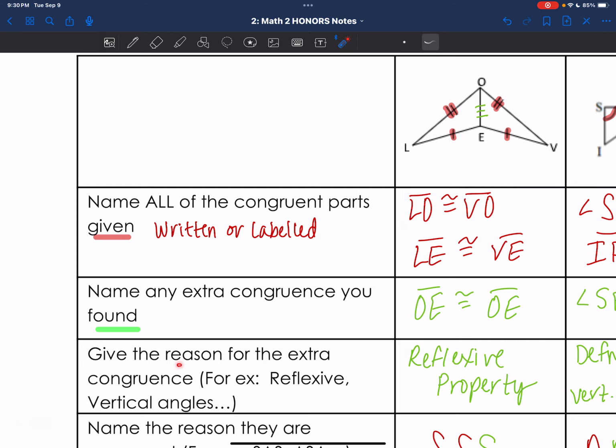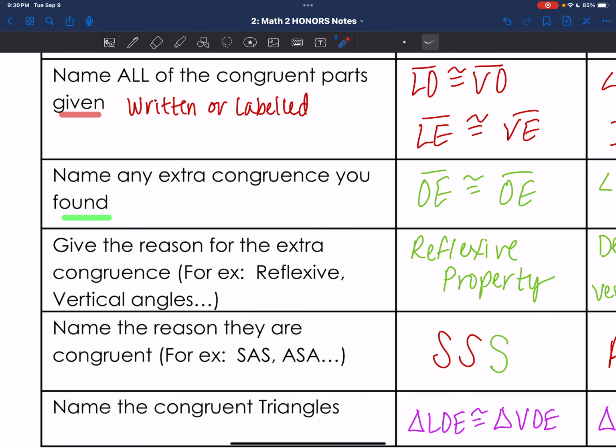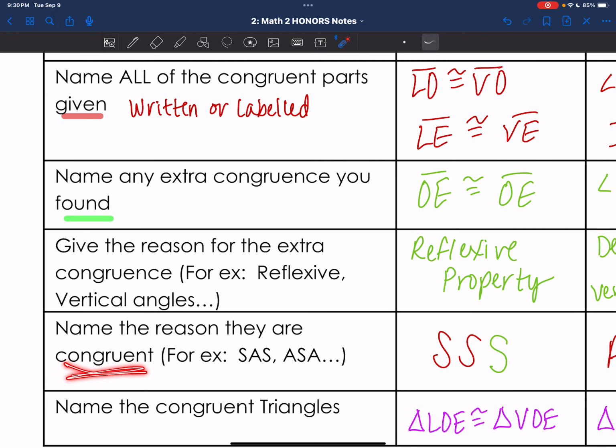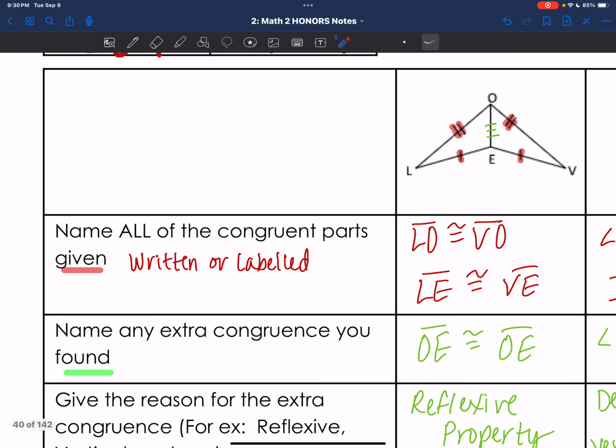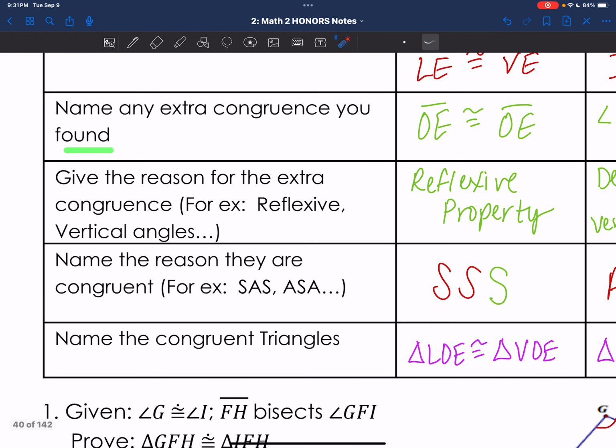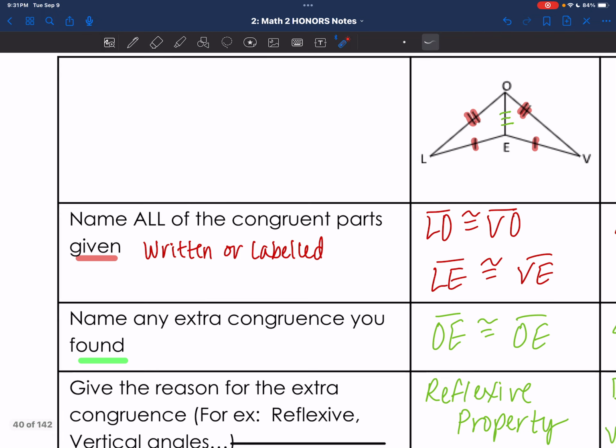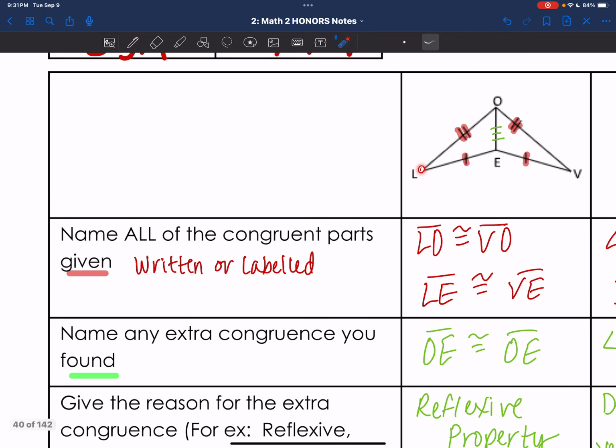All right, so now we wrote the information given, we have the information found, and we gave a reason for this. Now we're going to give the reason that they're congruent, and in this case, it's side, side, side. So if you look, you have side, side, and side. Those 3 things right here are proving those are congruent. And then the last thing is to name it. Depending on how you start, you have triangle LOE.